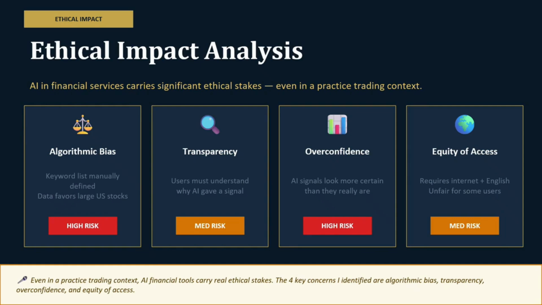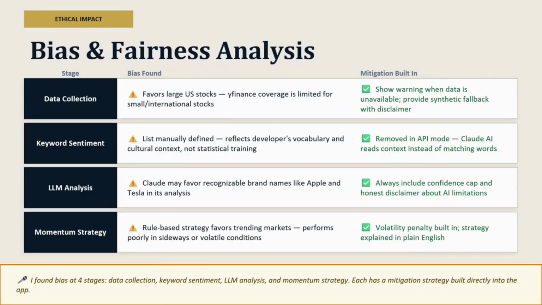Identifying risks was step one. Doing something about them was step two. I found bias at four stages and built a mitigation into each one. Data collection: show a warning when real data is unavailable, with a synthetic data disclaimer.